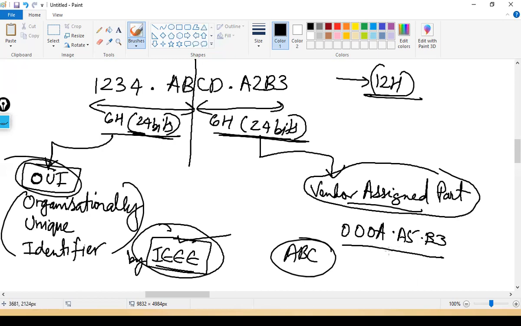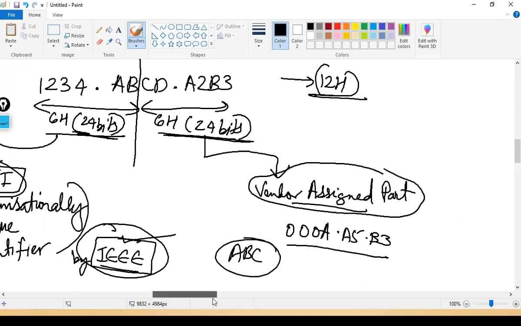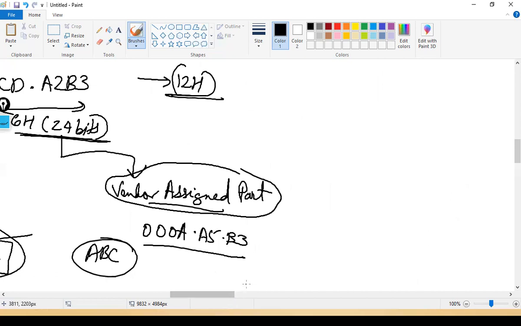Now, I will start manufacturing the NICs, and my NICs will have this value as common. This is my organizationally unique identifier. To identify my organization, the first value, which is given by IEEE, is used.